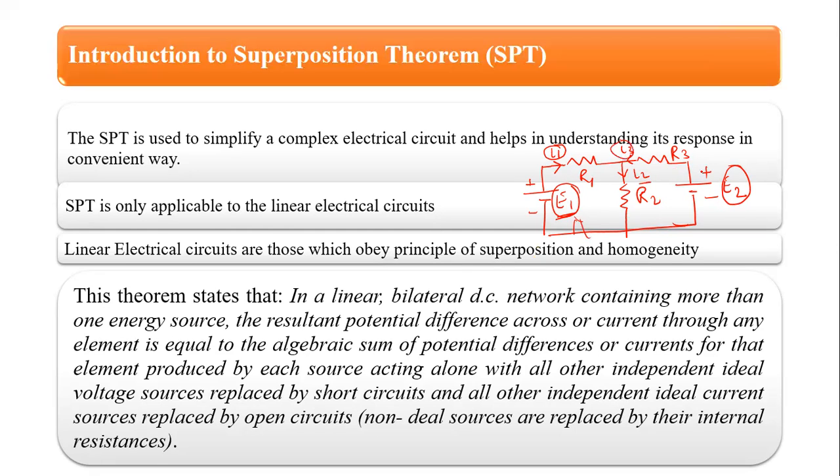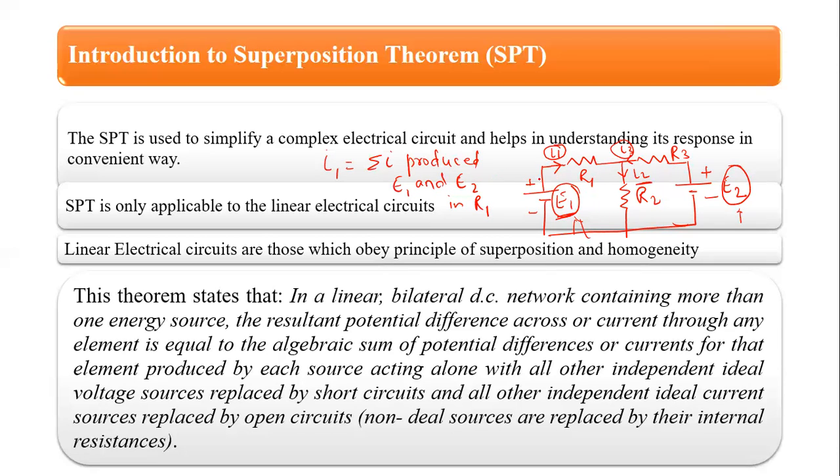I3 is also because of both sources. So I1 is the algebraic sum of the currents produced by E1 and E2 in R1. Similarly, we can understand I2 and I3.